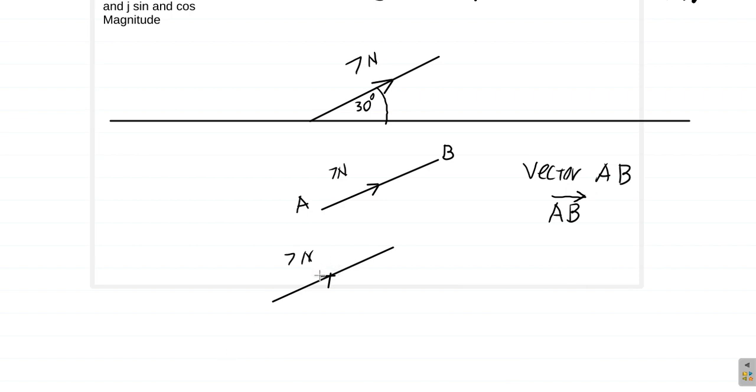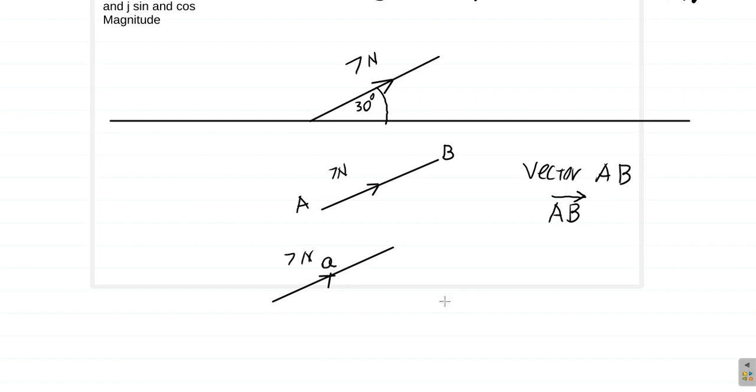Now, with this, you can use one letter and represent it. Sometimes they use U, sometimes they use V. Right? But you can call it a name with one letter. We can even use a lowercase a.